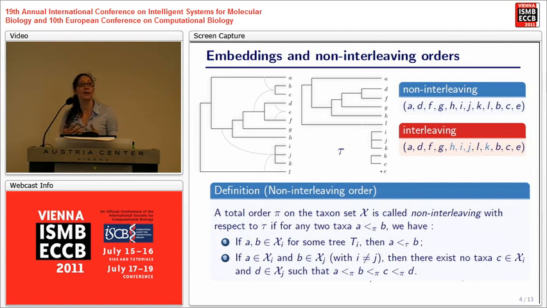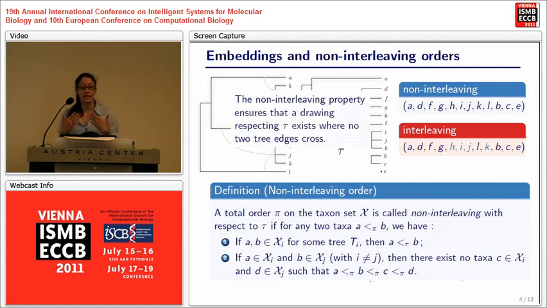So now you tell me, okay, really nice, you give this definition, but why? This is why: this non-interleaving property ensures that there exists a drawing that avoids tree edge crossing. If you remember what I said at the beginning, a tanglegram for trees was defined with no edge crossing.